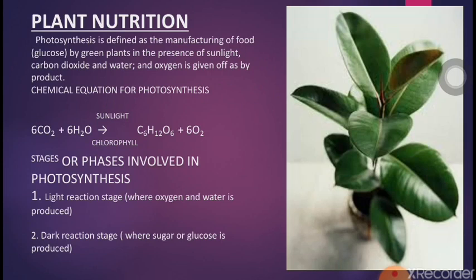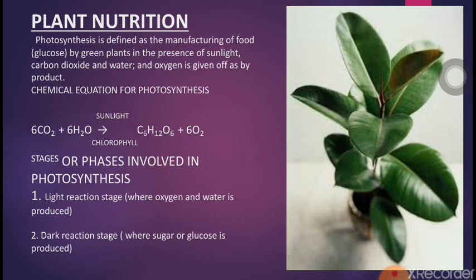We are going to start with plant nutrition. What is photosynthesis? It is defined as the manufacturing of food, that is glucose, by green plants in the presence of sunlight, carbon dioxide, and water, and oxygen is given off as a byproduct.